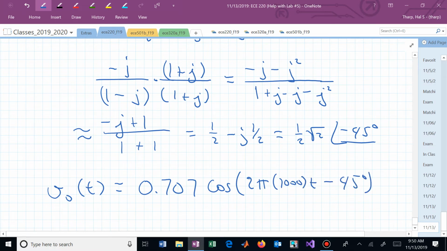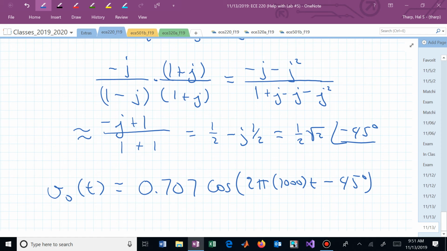I've now worked most of your pre-lab. Now you need to do the last case, which is 100,000. But do you see now we're starting to attenuate the output waveform? At 10 hertz, we didn't attenuate it at all. Now we're down to 0.707. That's called the half power point. That's actually the cutoff frequency.